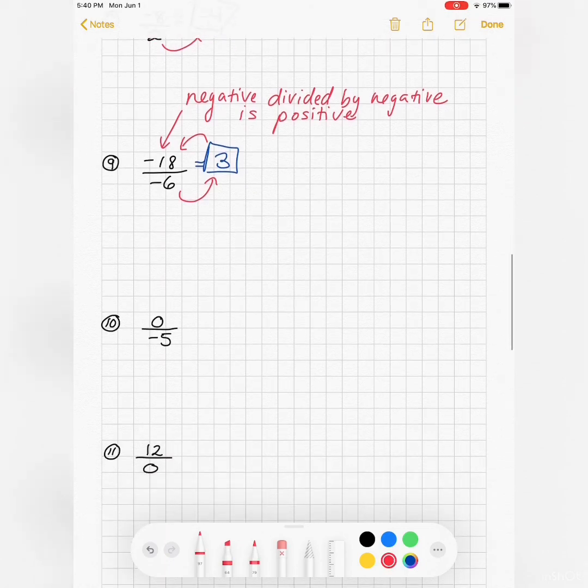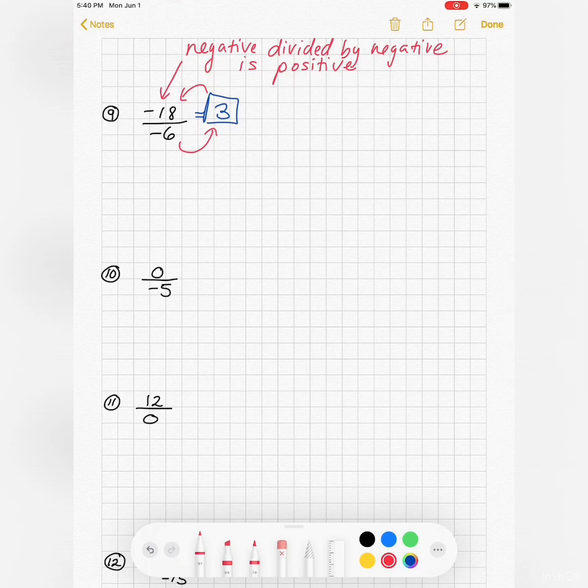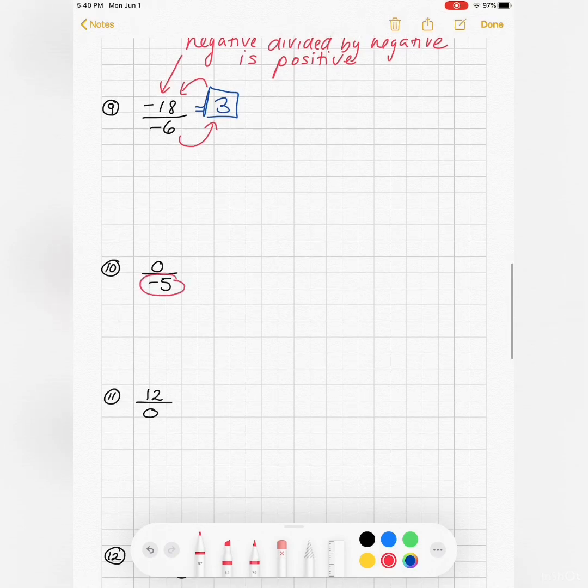Okay, here's the special one. I have 0 in the numerator. So if I have 0 things dividing by some non-zero number, well, the result is just 0, right? Because I have 0 things to divide. Look, negative 5 times 0 is 0.